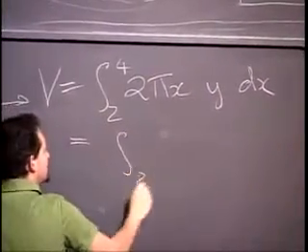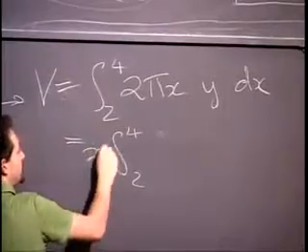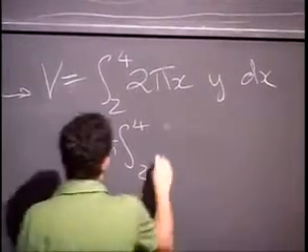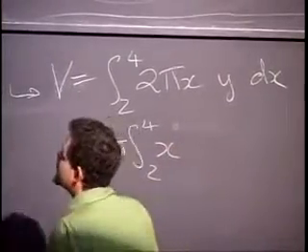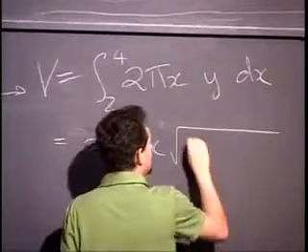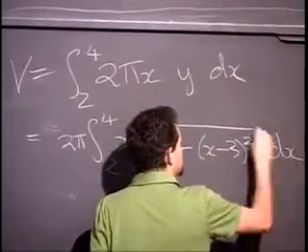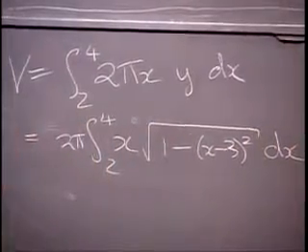So in our case, this is the integral. I'll pull the 2 pi outside. And x is equal to just x, whereas y is equal to the square root of 1 minus (x minus 3) all squared, dx. And so that's going to be the volume.